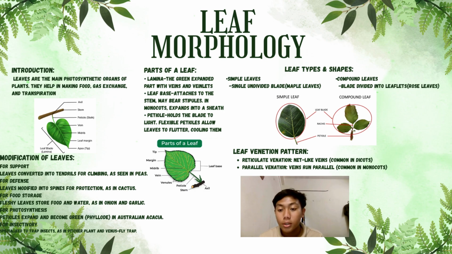For photosynthesis, petioles expand and become green in Australian acacia. For insectivory, special leaves trap insects as in pitcher plant and Venus flytrap. That's all from me. Thank you.